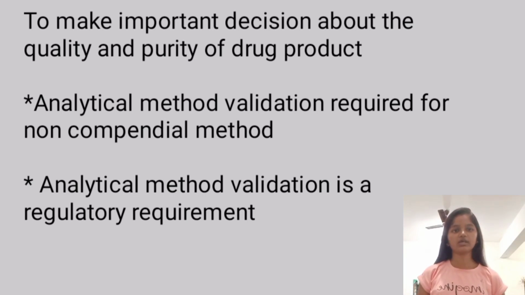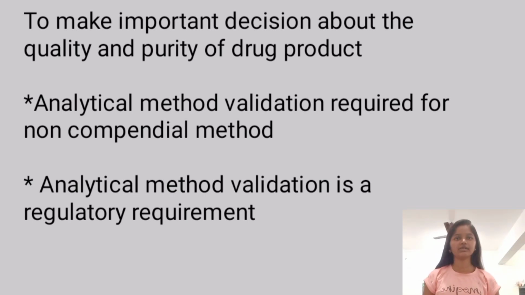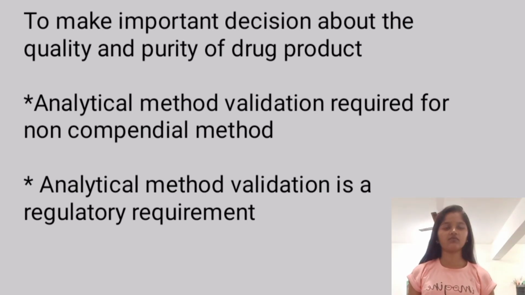Let's talk about any change in analytical method validation. As we know, analytical method validation is a critical process in ensuring that the analytical method used to test drug product are accurate, precise, and specific. These changes can have an impact on the analytical method validation and require revalidation. The degree of revalidation required will depend on the nature of the changes made.